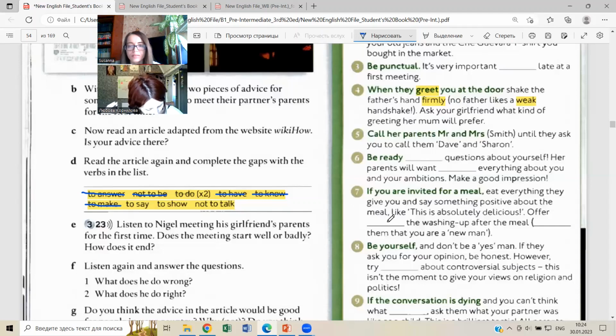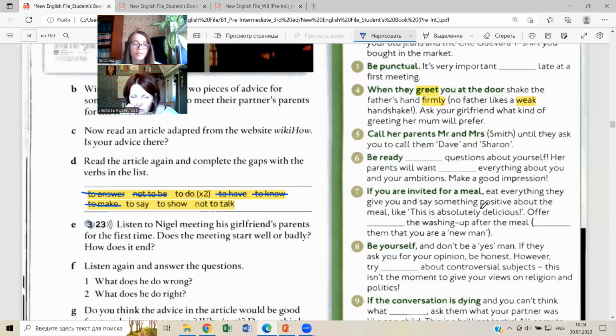Offer. Just a moment. Offer the washing up after the meal. Maybe not to talk? No. So what word do we use with the washing up?